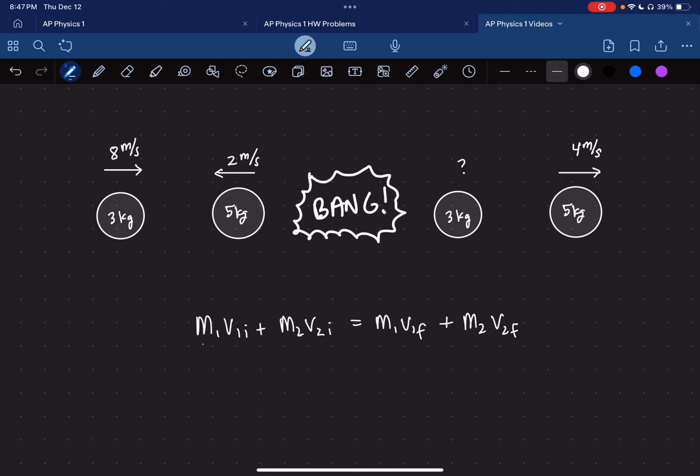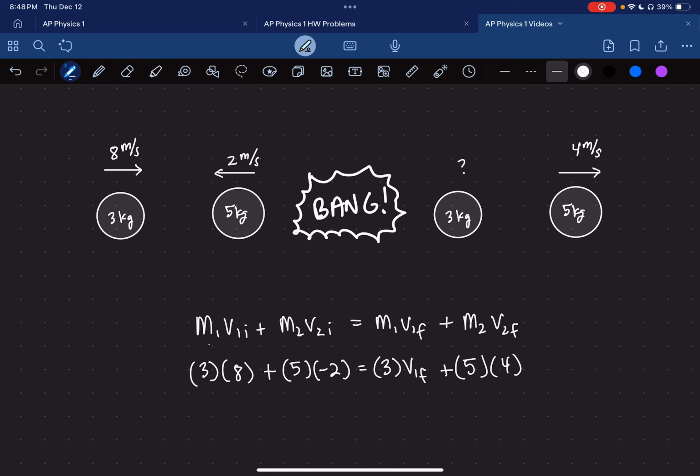The mass of object one is 3, the velocity is 8. This is the 5 kilogram object, the velocity is -2 because it's moving to the left, equals 3 times the final velocity, which we don't know, and here we have 5 with +4.